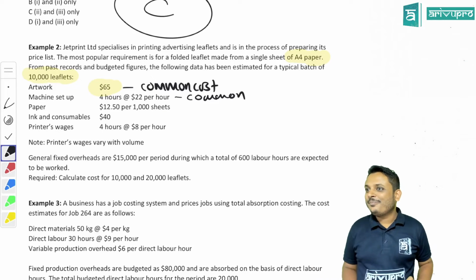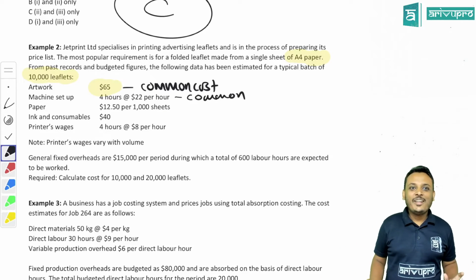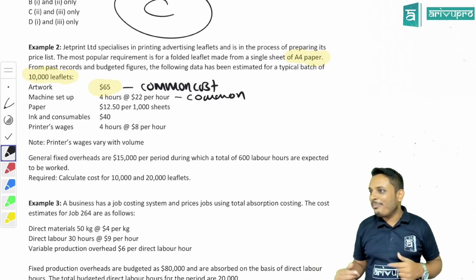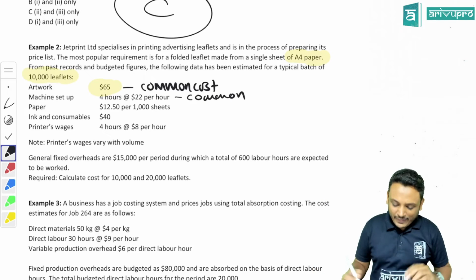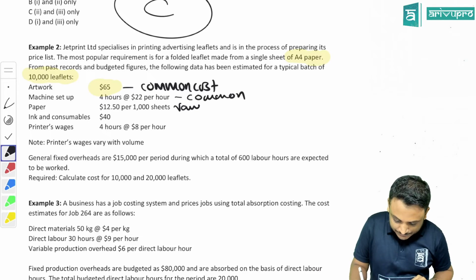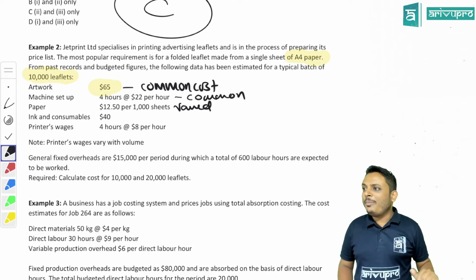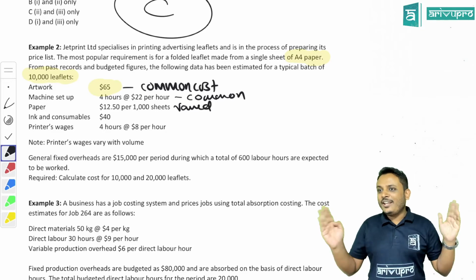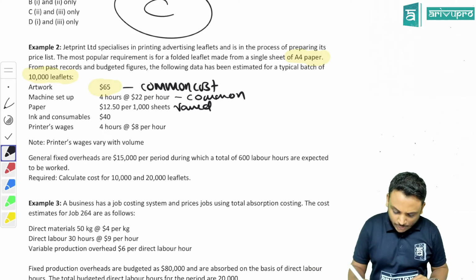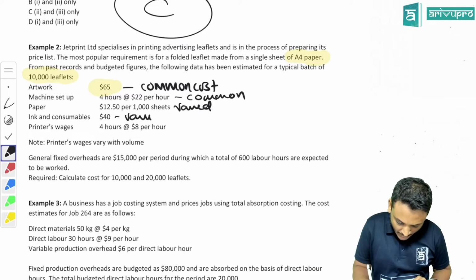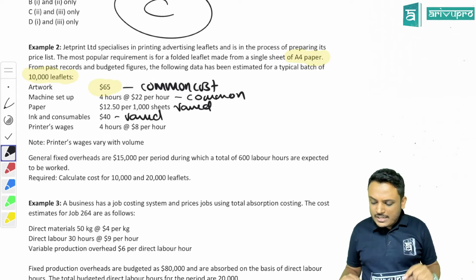Paper: common or not? For 10,000 you need 10,000 paper, and for 20,000 you need 20,000 paper, so it varies. Ink and consumables, 40. For 10,000, 20,000, 30,000, same or different? Different, very good. Varied. Printers' wages, 4 hours at 8.